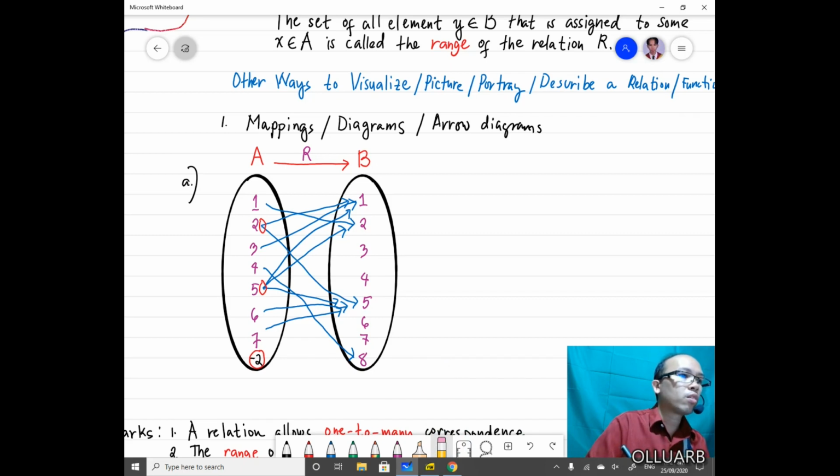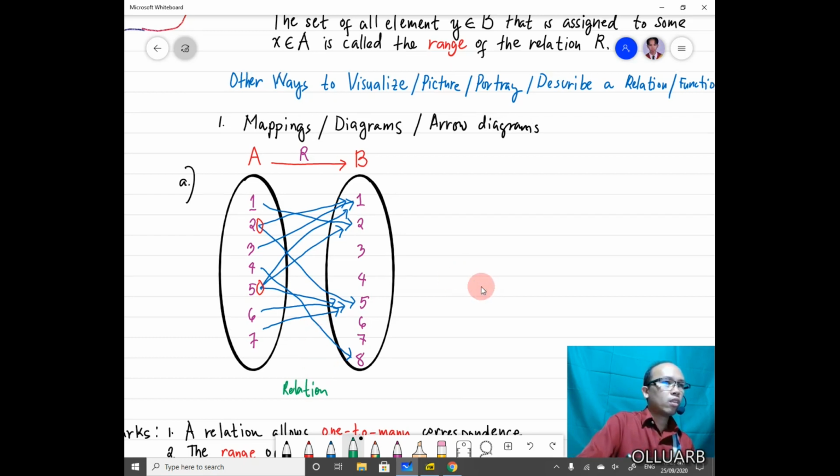So let's erase this one. As you can see here, this is an example of a relation. What color? Green. This is a relation. So to get the domain, this is the domain and this is the codomain.